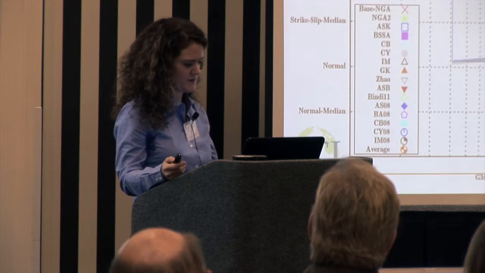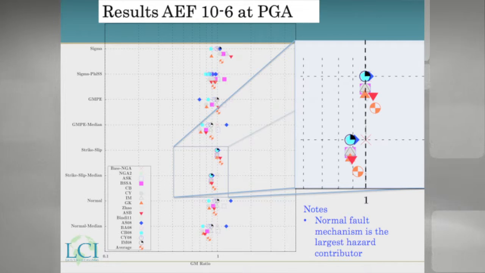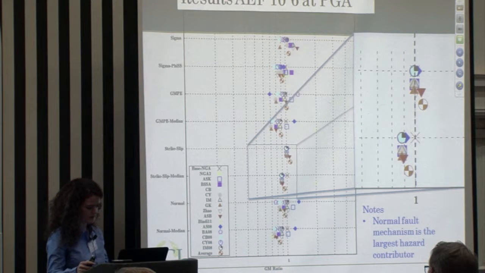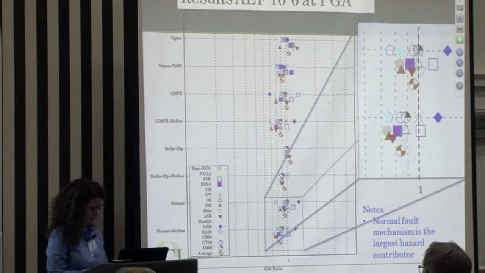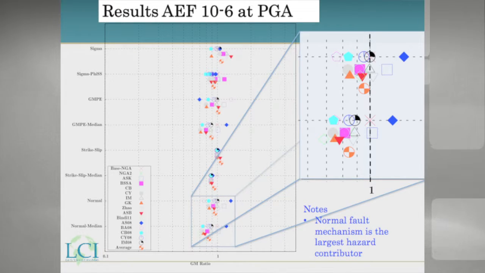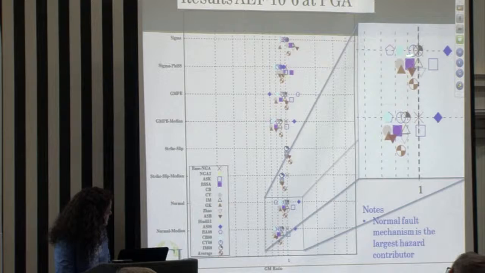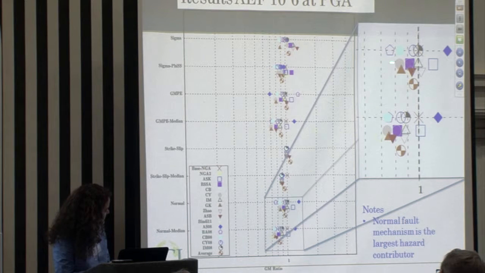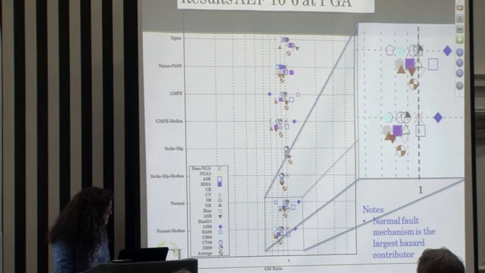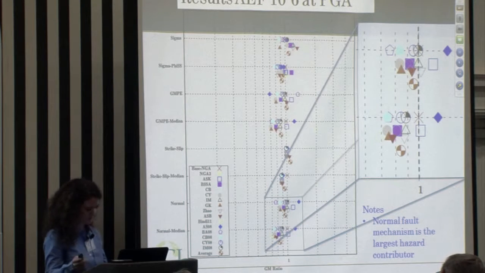For strike slip, you can see that it doesn't really contribute at 10 to the minus 6 for PGA, and that's why they're aligning on top of each other. But normal faults do contribute at 10 to the minus 6 for PGA, and so you can see now that there's more dispersion, more in the 2008 than the 2013, for both normal and when the sigma's locked down at 0.65.